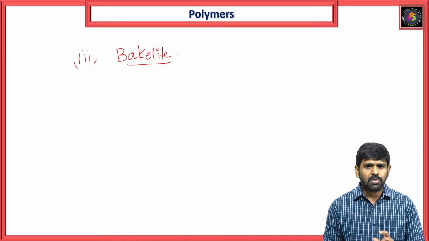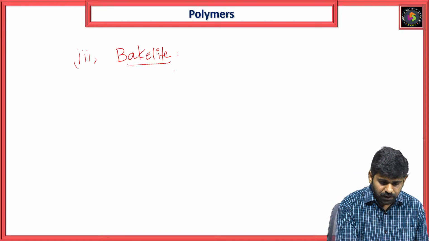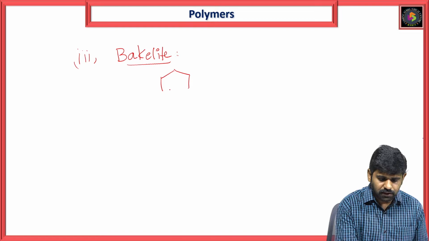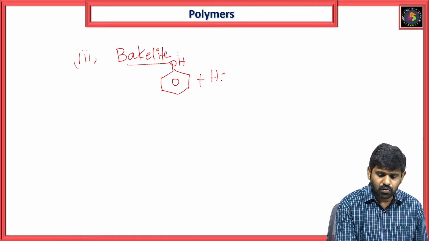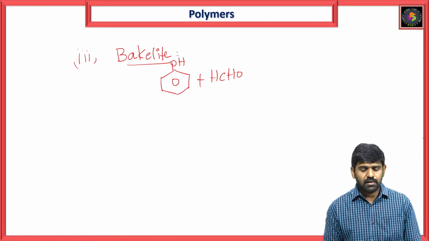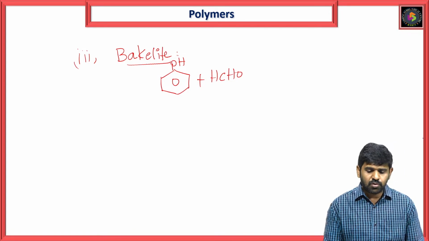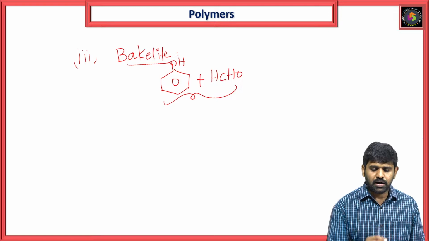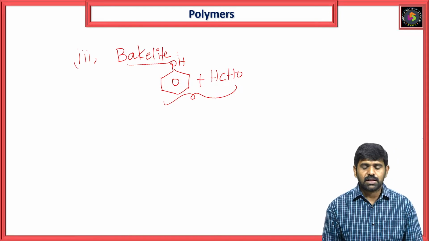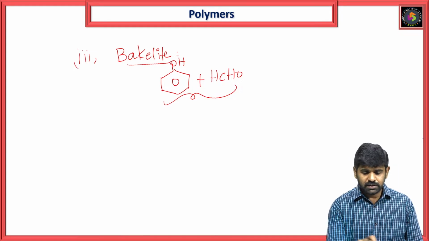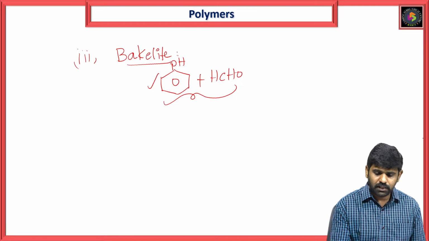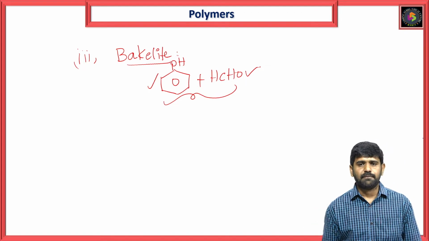Bakelite is formed by condensing phenol with formaldehyde. This overall process, the preparation of bakelite, we'll discuss later. So the monomers are phenol and formaldehyde.